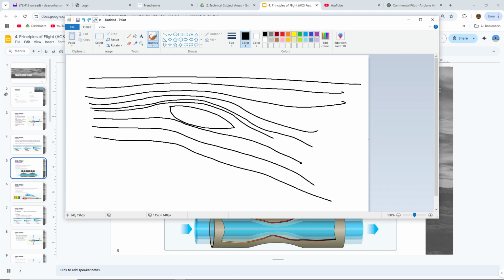So since our wing, this airfoil, is turning that airflow downwards, the equal and opposite reaction is a force upwards on our airfoil. So since the airflow is being turned downward and backward, the equal and opposite reaction is an upward force on our wing.